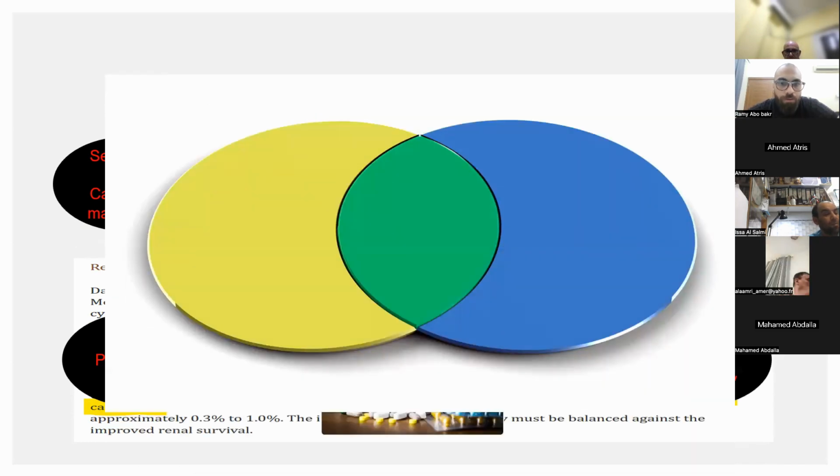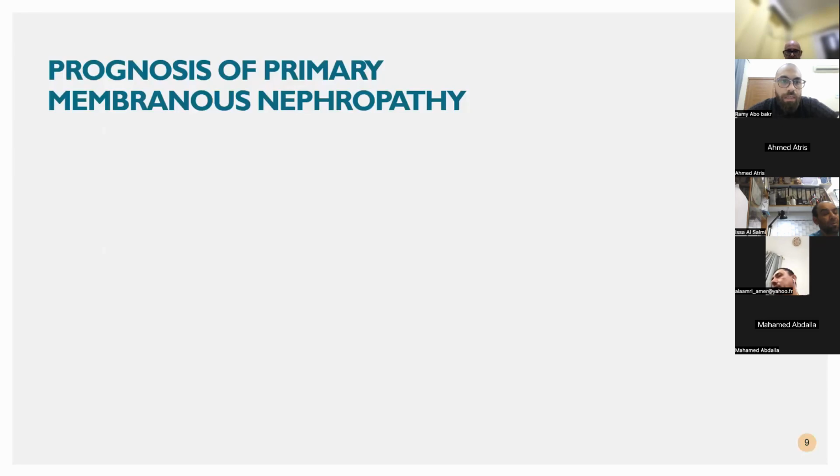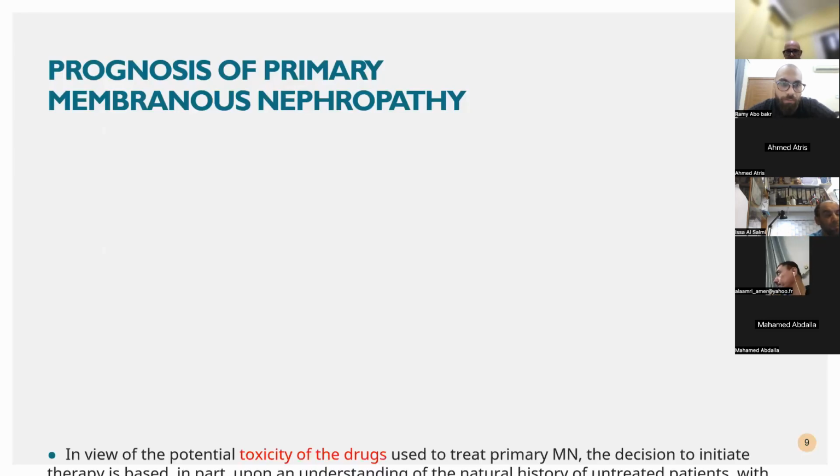One day I was informed by my professor that primary and secondary membranous nephropathy cross each other. It may present like primary and turn to secondary, or it may be secondary and present as a primary. This is not the only dilemma we always face in membranous nephropathy.